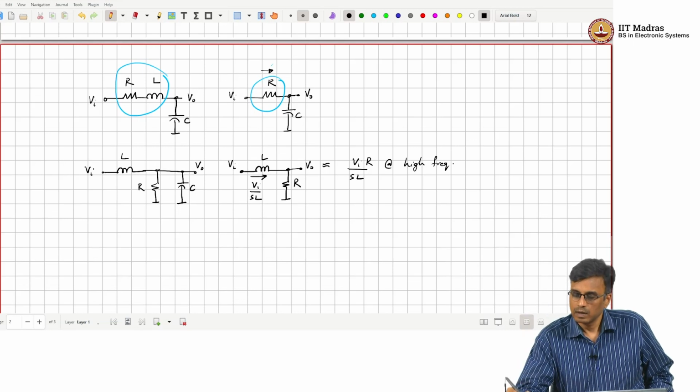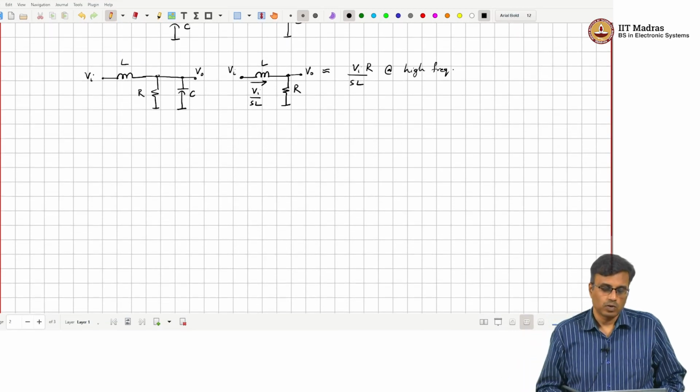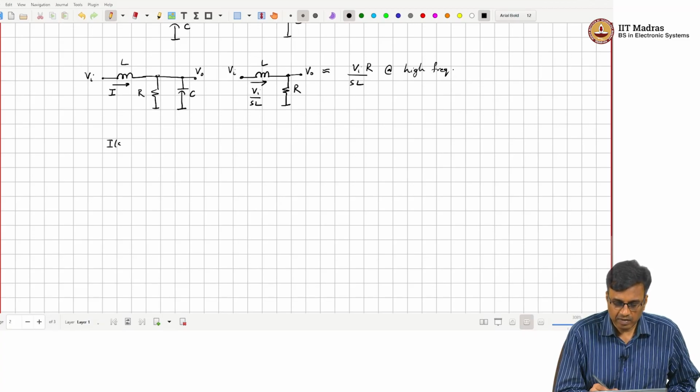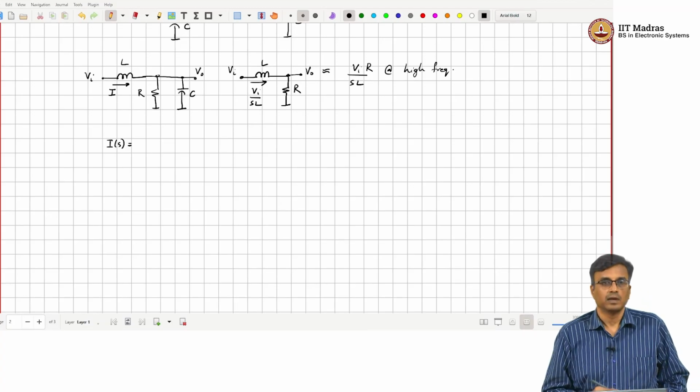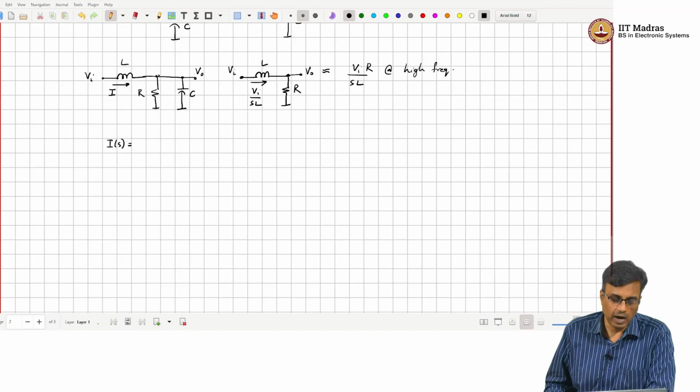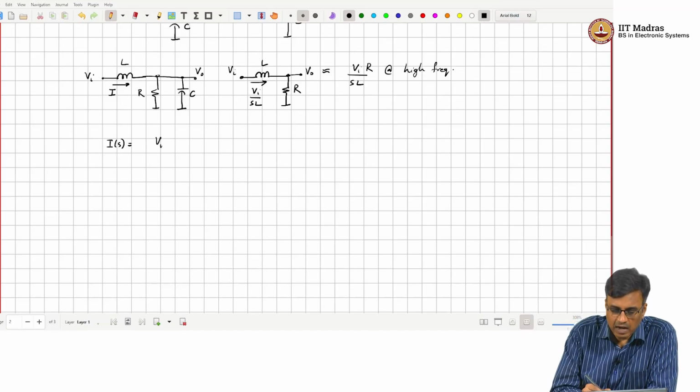all right. And so now again we go with the same logic. So, I of S is nothing but, okay, now you are going to tell me how we will derive the schematic. So, I is nothing but Vi minus Vo by SL, and what is Vo in terms of I?